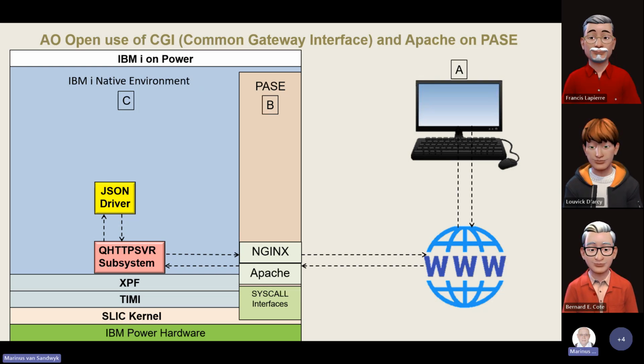Now, there's two components that we are using and leveraging extensively. The one is Nginx, and it is to serve as a reverse proxy because we don't want to expose Apache at all to the outside world.